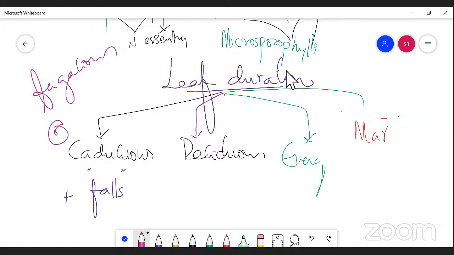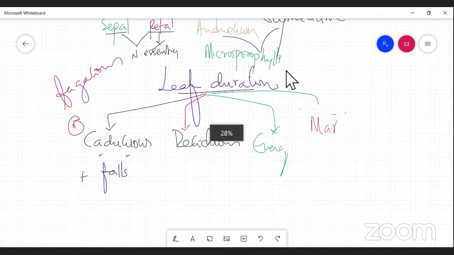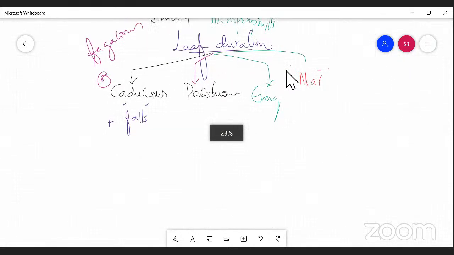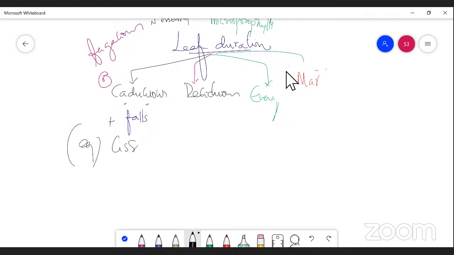For that, I'm going to give an example for each one, right? Second one, deciduous. But before that, I'd like to give an example for fugaceous or caducous: Cissus quadrangularis, right? So that is an example of caducous.